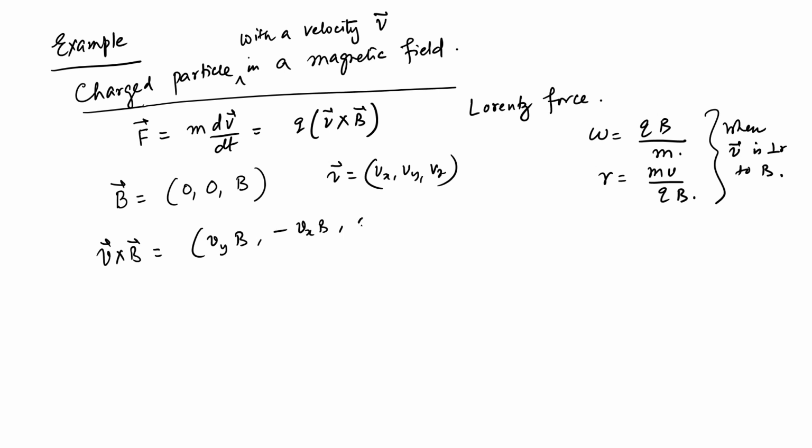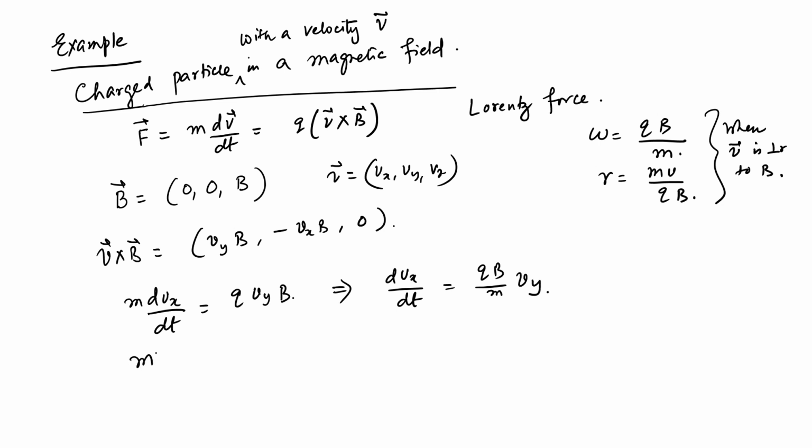So, that tells you that we can write down the equation of motion, which is F equal to m dv/dt. So, it will be m dvx/dt, that is equal to q Vy into B. So, this gives you dvx/dt, the change in velocity in the x direction, which means the acceleration in the x direction, which is qB/m and Vy.